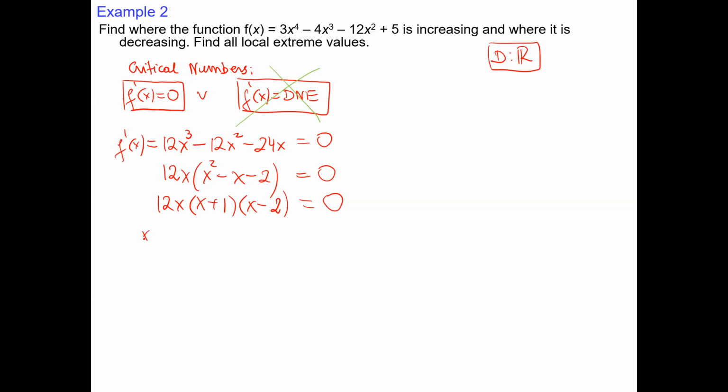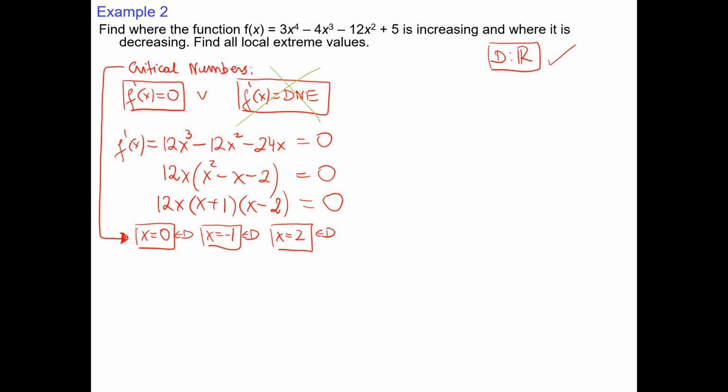So x is 0, x is negative 1, x is 2, in order to get that product 0. All of them belong to the domain, because the domain is all real numbers.